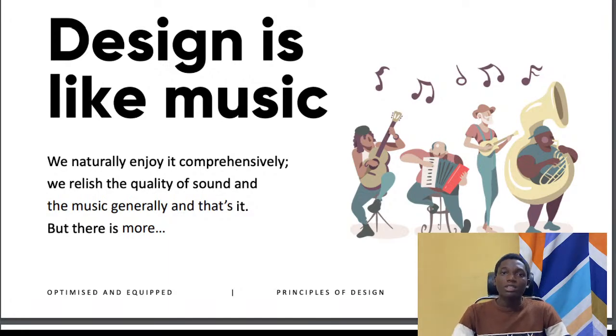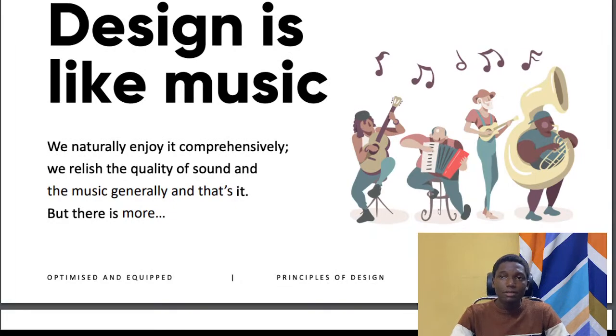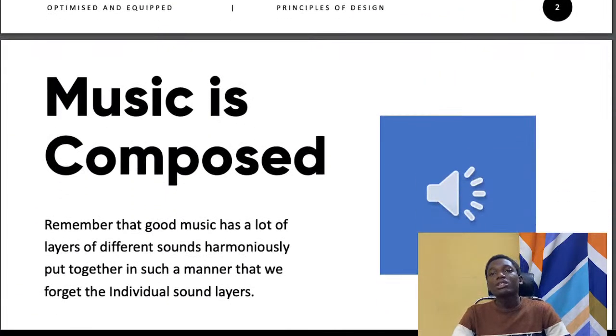So this shows that to achieve a good design specifically, you need to accumulate all these qualities, which include the design principles, the design elements, and other important things that you need for your design.